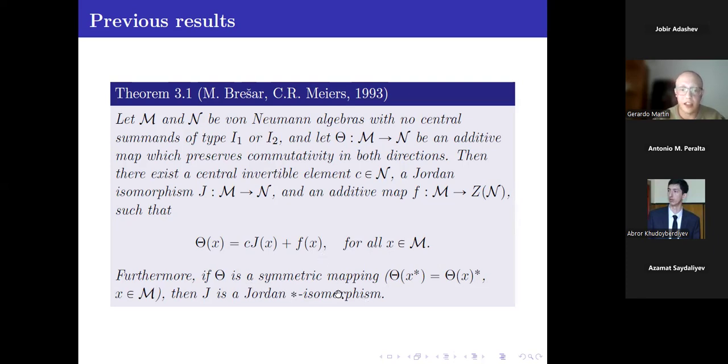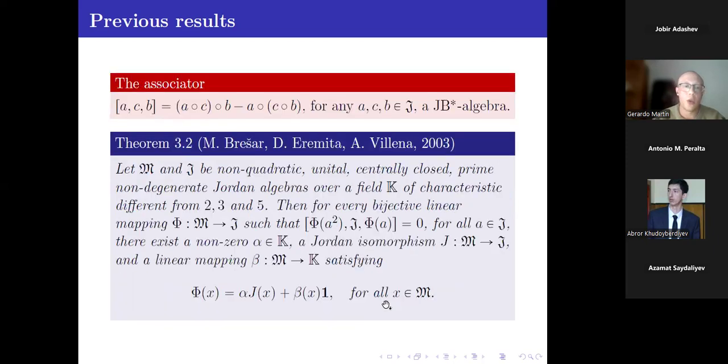Furthermore, if theta is a symmetric mapping, satisfying this property with respect to the involution, then J is a Jordan star isomorphism.